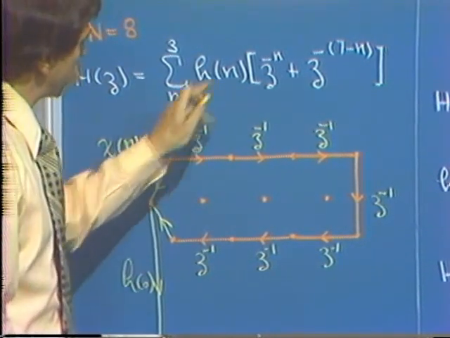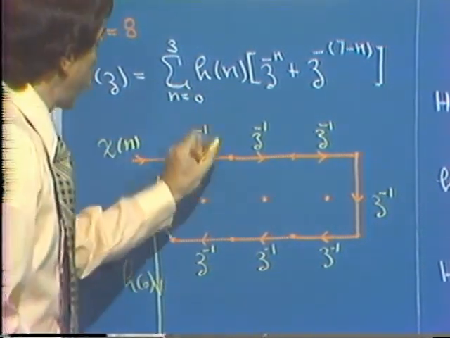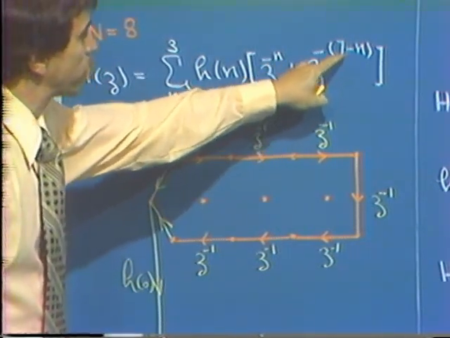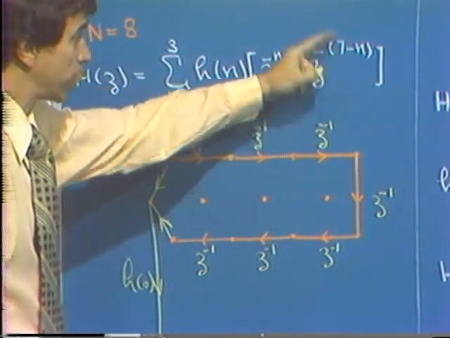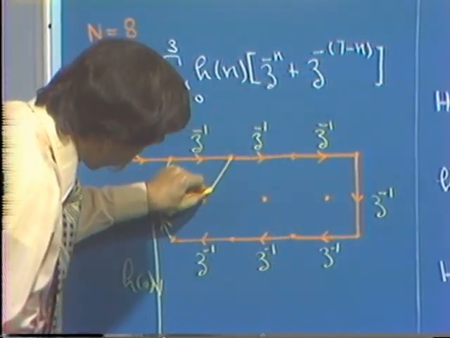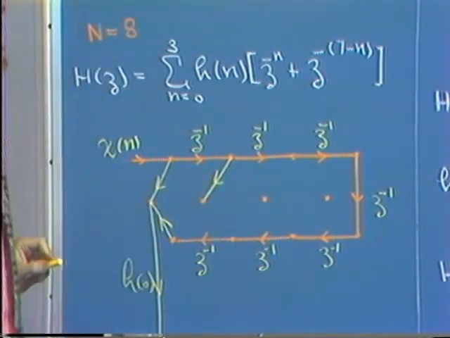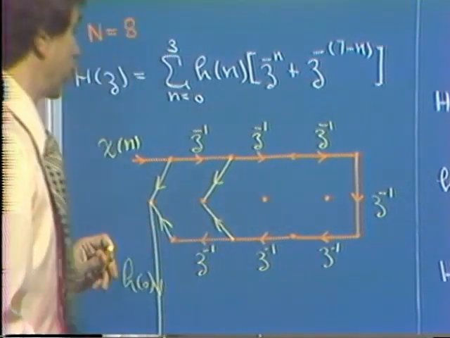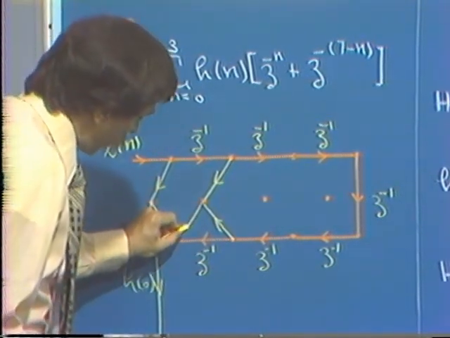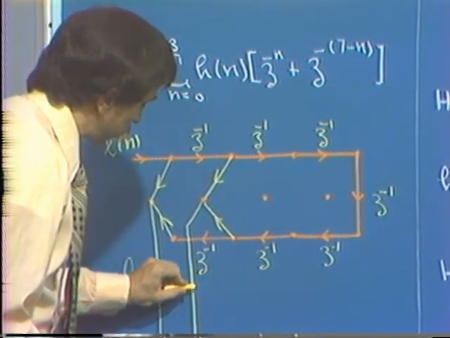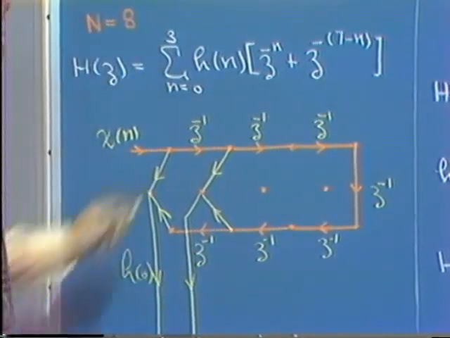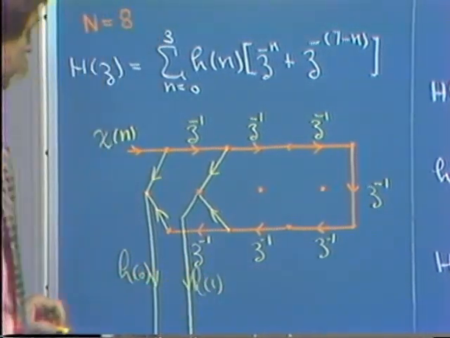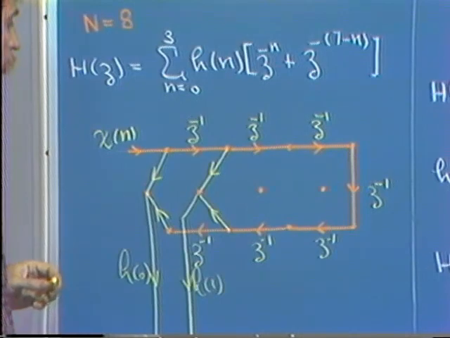To form the next term in the sum for n equals 1, we have the output of 1 delay plus the output from the 7th minus 1th delay, that is the 6th delay. So we have this output, the output from the first delay, and this output, the output from the 6th delay. And now that is multiplied by h of 1 to form the next term in the sum.